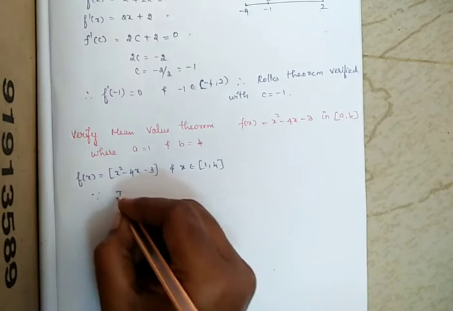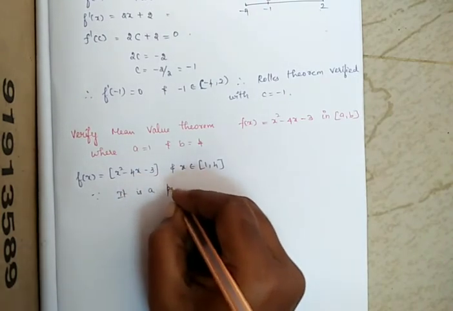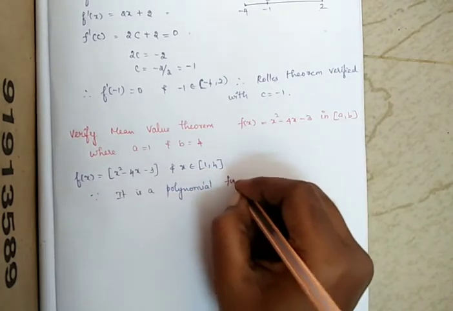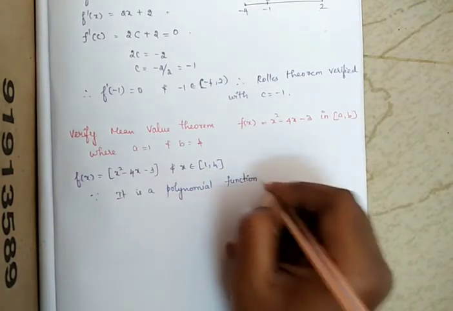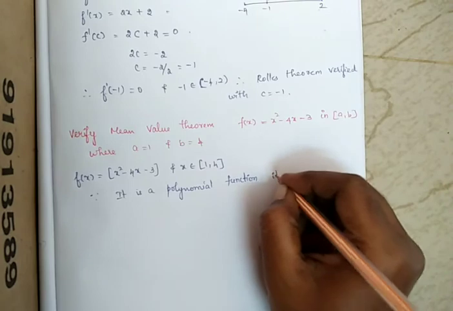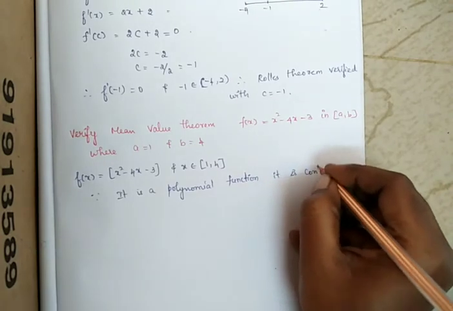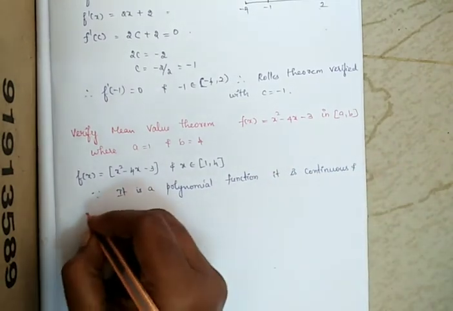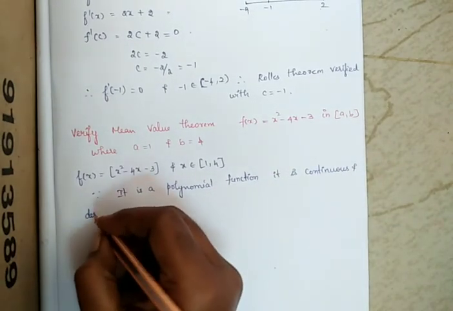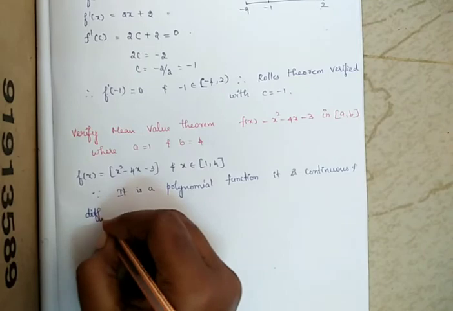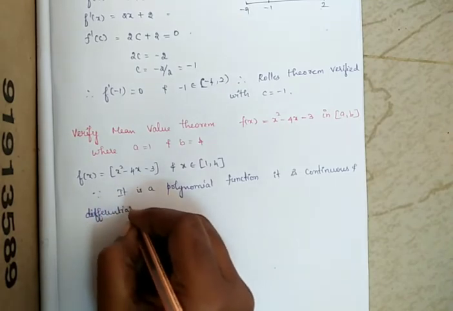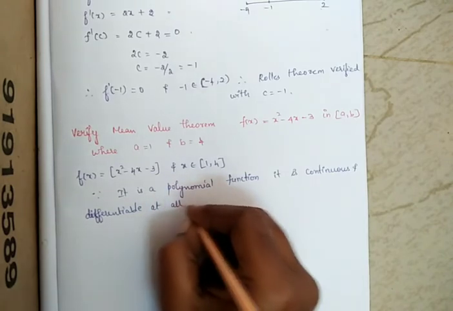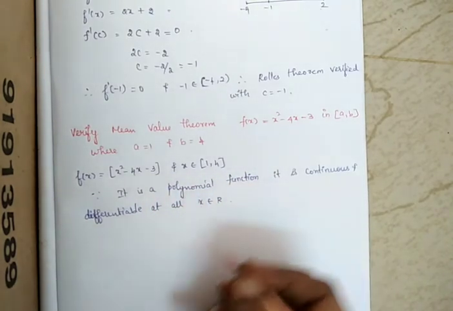Since this is a polynomial function, it is continuous and differentiable at all x belongs to R.